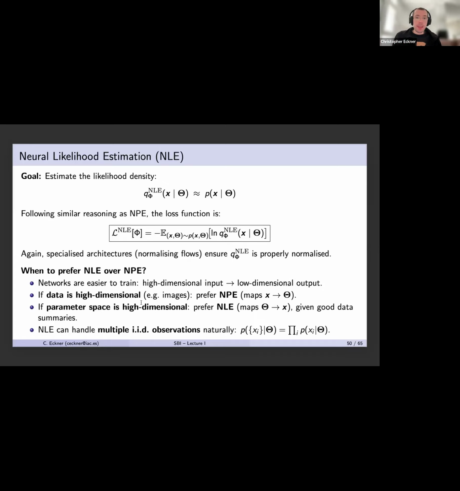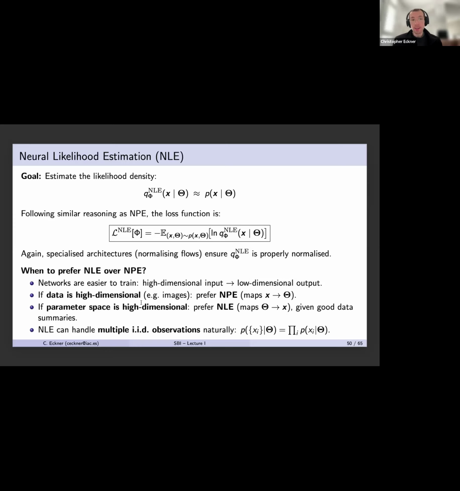Well, if the data itself is high dimensional, probably use neural posterior estimation because there it is easier to put in between also a network that compresses your high dimensional data with a summary statistic, and you learn it on top of the weights that the normalizing flow needs to learn to perform this transformation to the posterior.